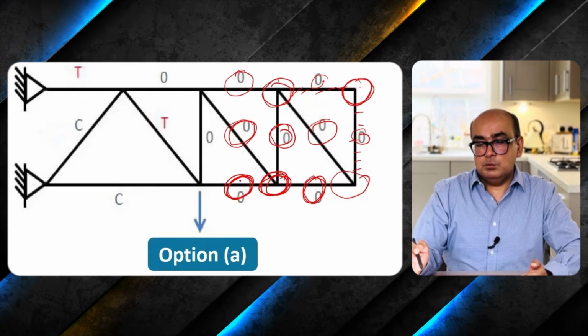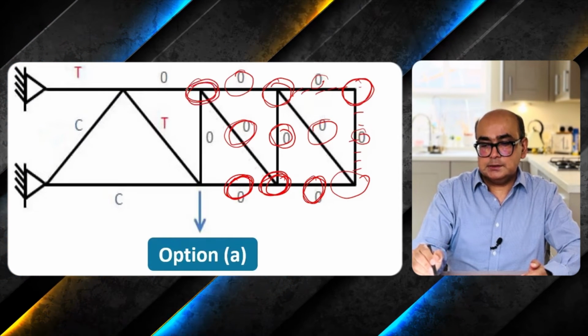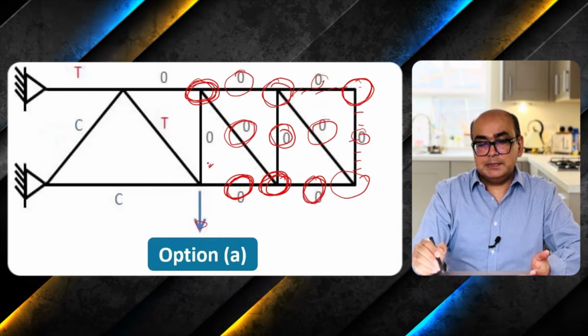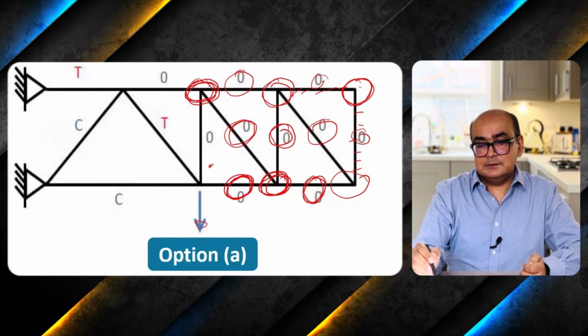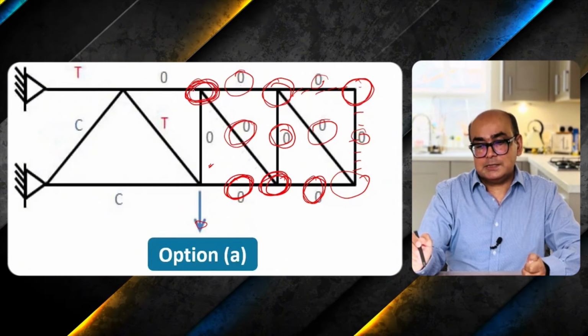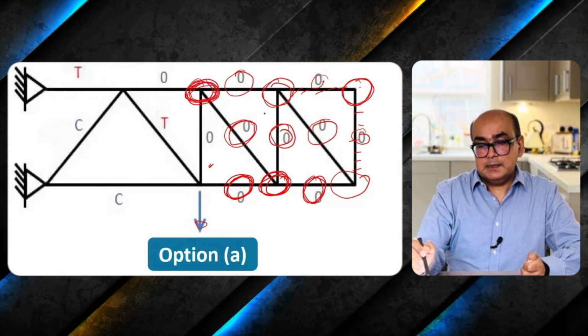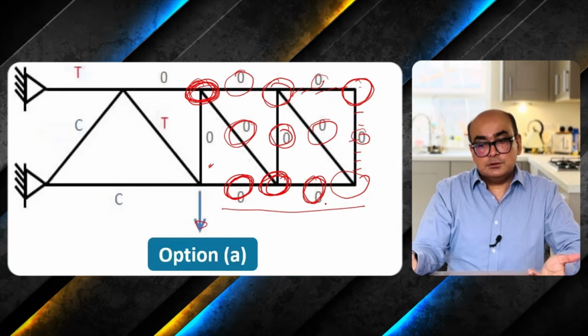And now I move to the top joint. At this joint, we are applying load downwards, so there would be compression over here, but you have to see the joint at the top as well and see what is happening there. All of these joints up to this point have zero force members.